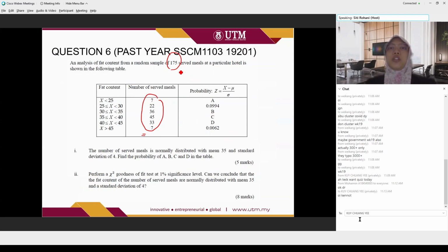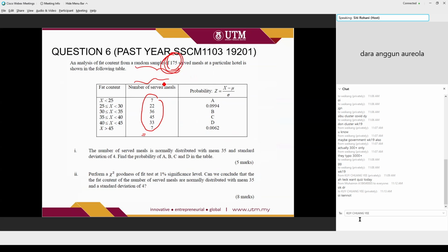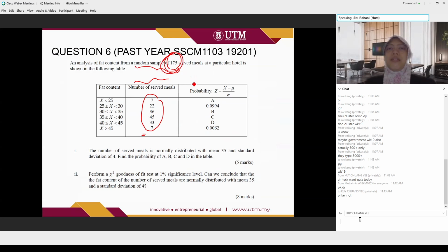So just make sure that when you're doing the goodness of fit test, you use the n from the given random sample in the statement. However, if the number of sample is not given here, you can use the n from here. Here it is not the same, right? So you use this 175 as your n.